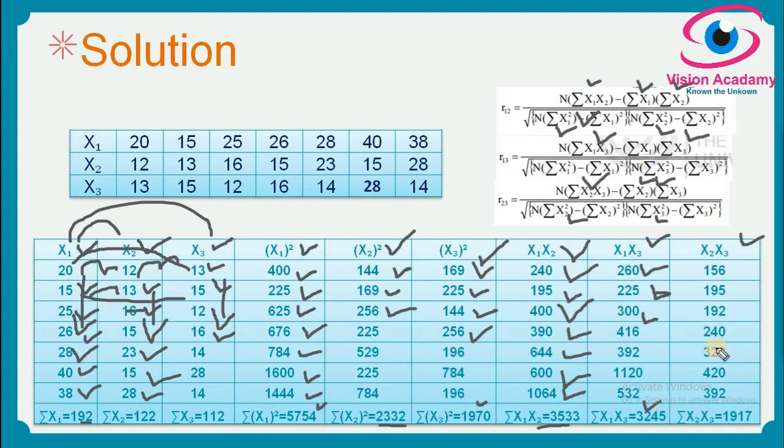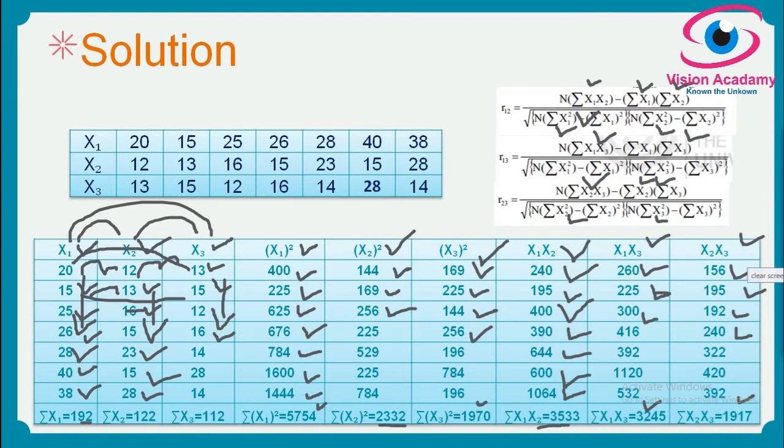The summation of x1 x3 is 3245. And lastly, I have multiplied x2 and x3, the last combination, that is 12 into 13 is 156, 13 into 15 is 195, 16 into 12 will be 192, 15 into 16 will be 240, and so on. The summation of x2 x3 is 1917.